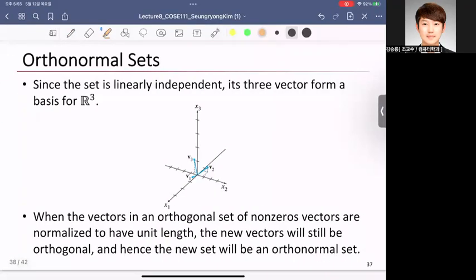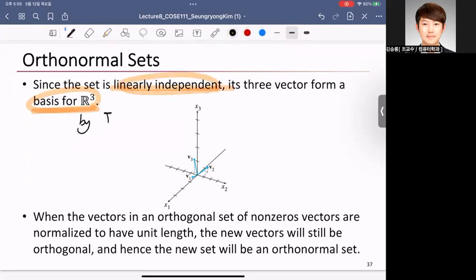그래서 since the set is orthogonal, 그렇죠? They are linearly independent. Then these three vectors form a basis for R3. Why?